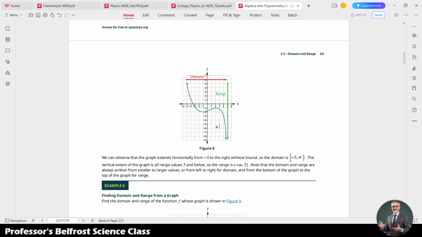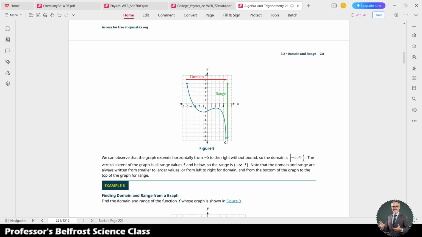But actually, because you see that this line is continuing, it means that it will go into minus infinity, and also the domain, you can say, is also going to positive infinity.